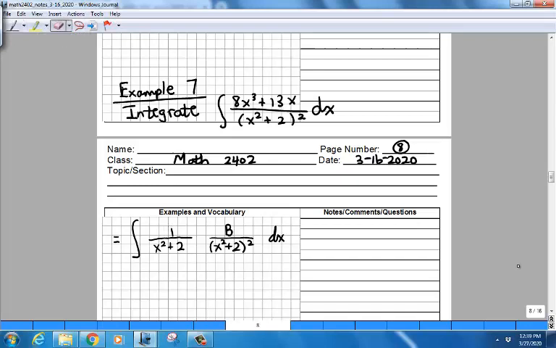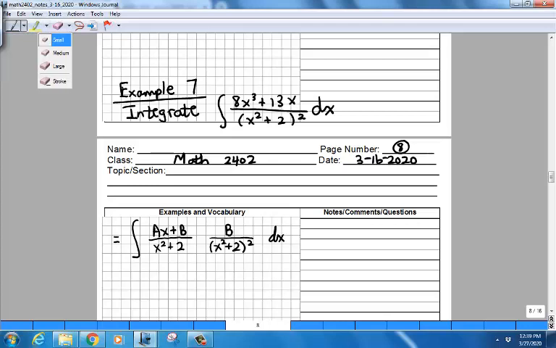Well, those are linear polynomials, so they look like this. You have a constant times x plus another constant. So you have to write your possible numerator here not as just a, but as ax plus b, a first degree polynomial.